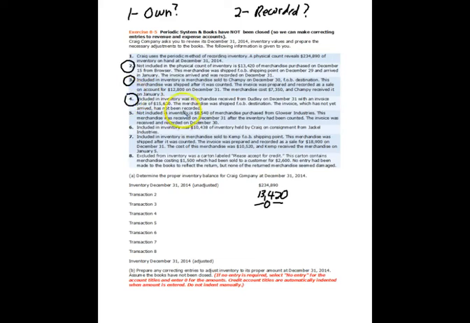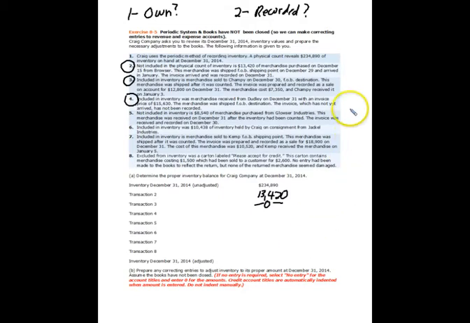Number 4, included in inventory was merchandise received from Dudley on December 31st with an invoice price of $15,630. The merchandise was shipped FOB destination. The invoice, which has not yet arrived, has not been recorded.